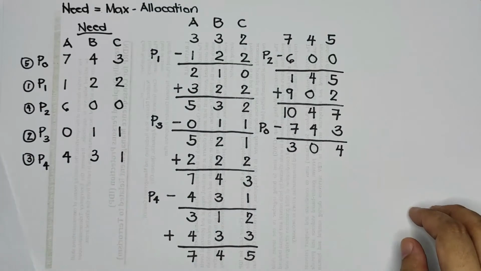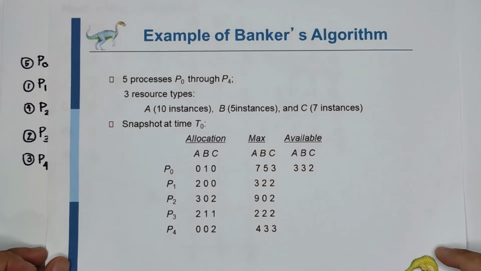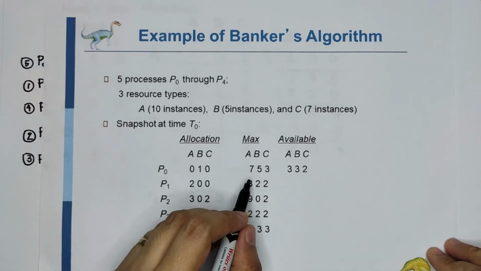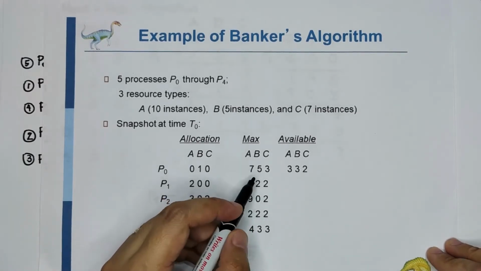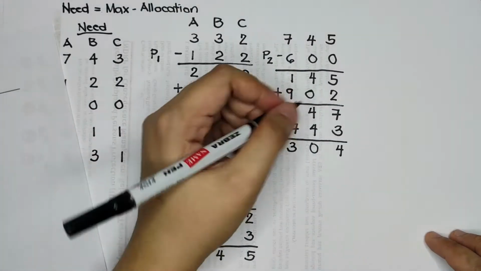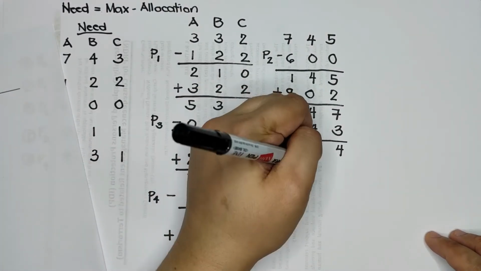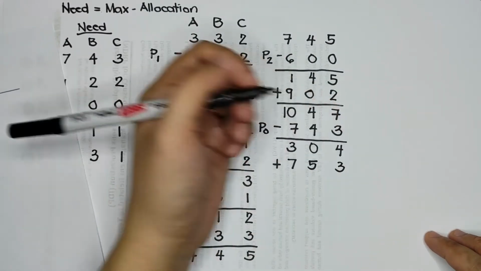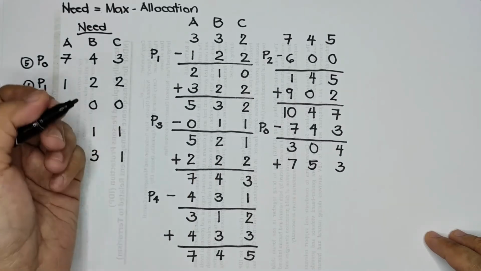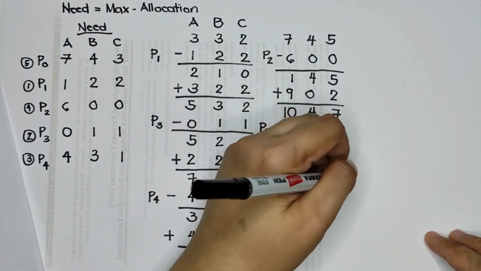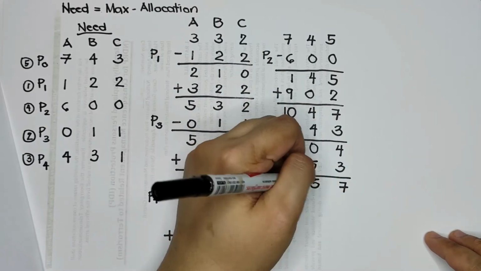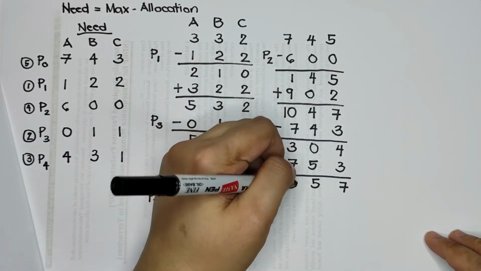And then, since P sub 0 has finished its execution, we have to return the maximum values of the resource 753. So, we're going to add 753. So, we have 7, 5, and then 10.